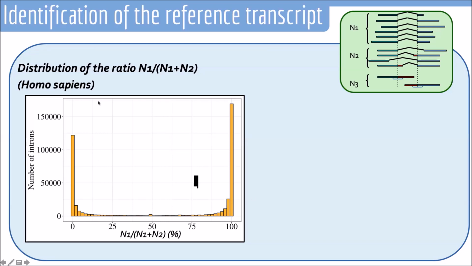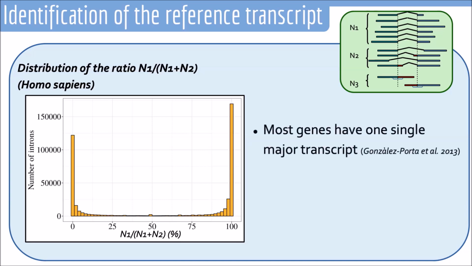And as you can see, there is a clearly bimodal distribution. So here it's the example of what we observed for human introns, but we observed a very similar picture for all species. And this bimodal distribution is consistent with the fact that for most genes, in fact, there is one single major transcript.